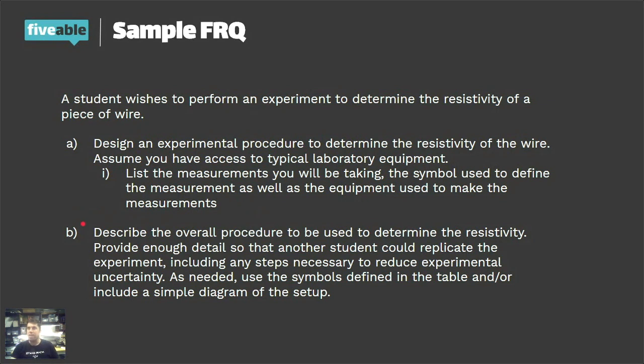All right, so part B, describe the procedure that could be used. How could we figure out the resistivity using our measurements, use the symbols, and or include a diagram of the setup? All right, so for this one, I'm not going to write out a whole paragraph. Sorry.